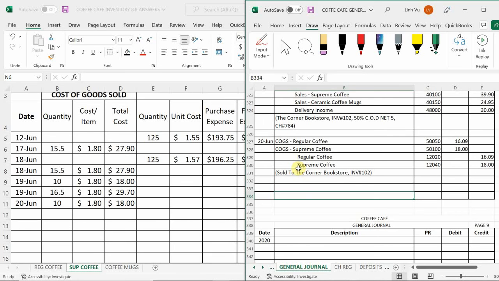What is step 4 of the accounting cycle? Cost of goods sold. Do we go on accounts payable? No, because we sold. Accounts receivable? Not accounts receivable, because we already recorded the sales.